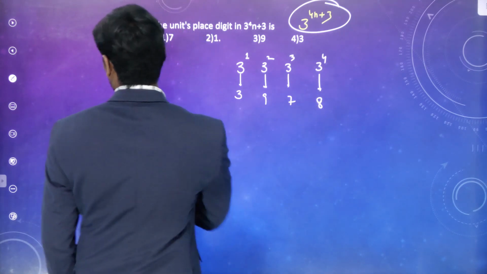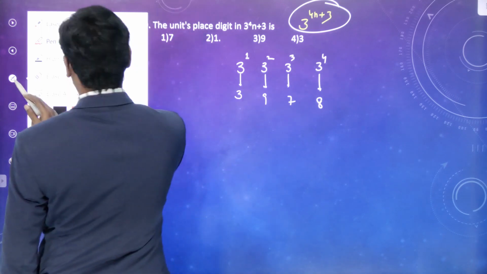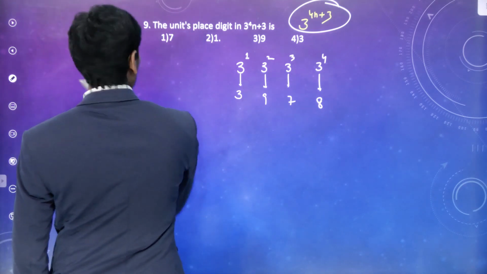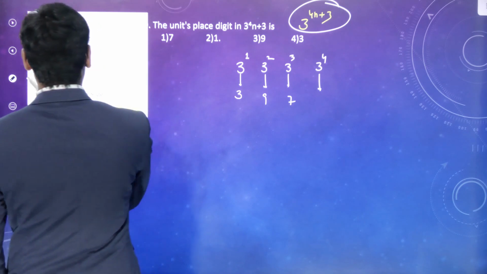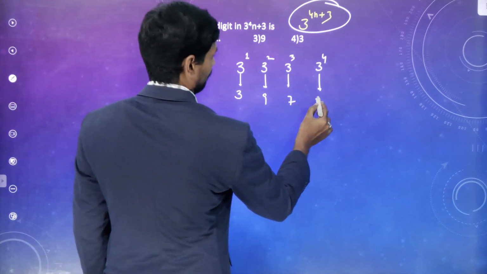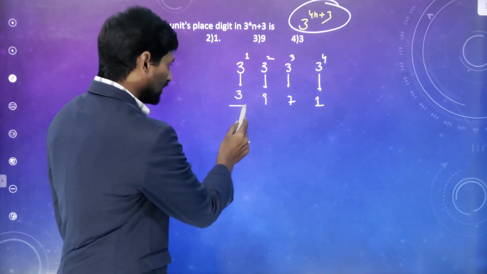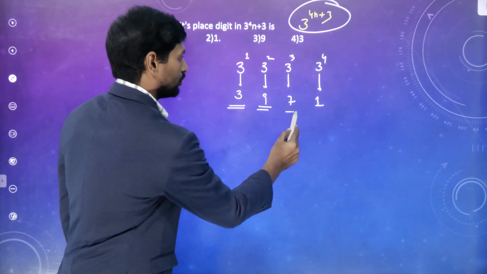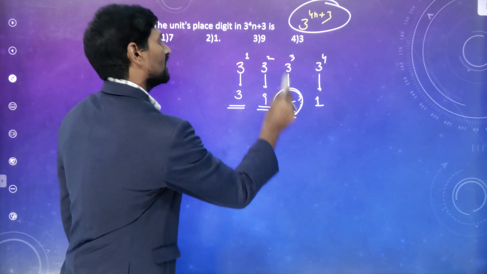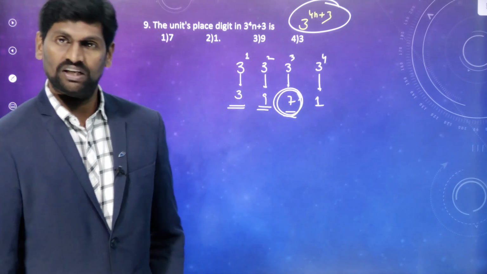Again the cycle is repeated. That means for 4n plus 1, 4n plus 2, 4n plus 3, so it ends with the digit 7.